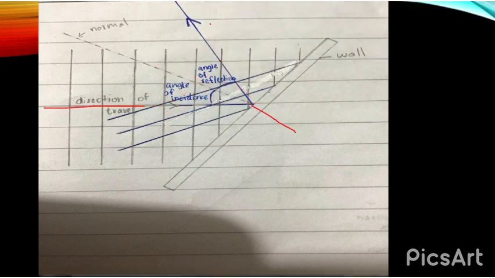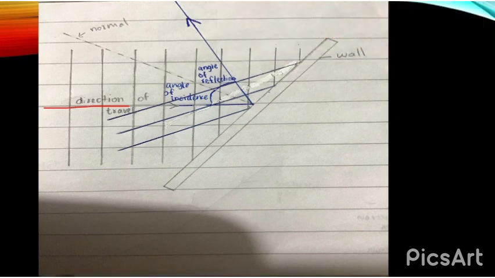So after you draw the reflected ray, you need to draw the reflected wave fronts. Now for the reflected wave fronts, your wave fronts should be perpendicular, which means 90 degrees to your reflected ray. So this is your reflected ray. Now to draw the wave fronts, you need to make sure that your reflected wave fronts are 90 degrees to the reflected ray.